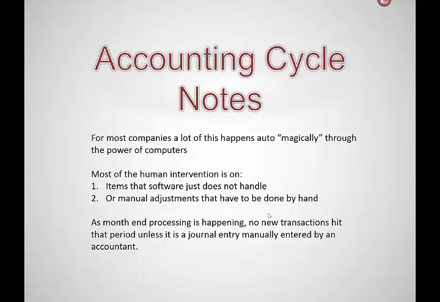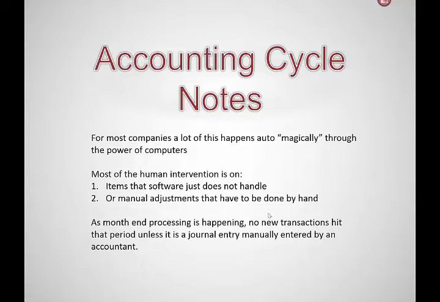So most of the human intervention in the accounting cycle has to do with processes that software just doesn't handle. There are certain things I have never seen software be able to do, such as, and we'll go into this in a later video, a lot of times companies, because they're multinational and sending product around the world, have to clear out what's called profit in inventory.